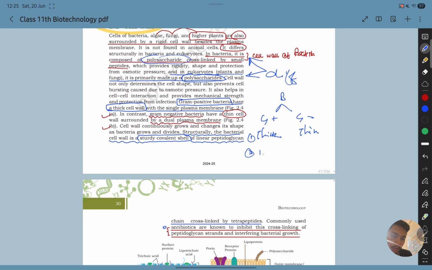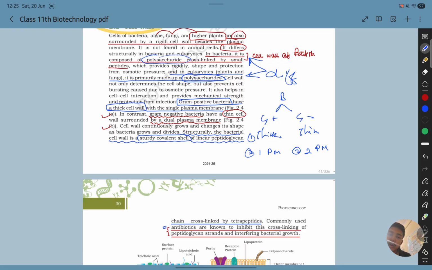The gram positive has a single plasma membrane. So remember, there is one plasma membrane here, and in point number two, the gram negative has two plasma membranes: one cell wall, one plasma membrane, then another plasma membrane.